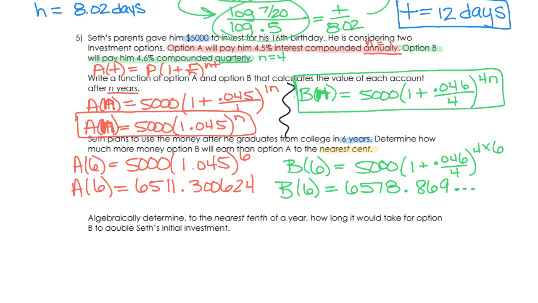And we have to remember that they're looking for how much more, okay? How much more will option B earn than option A to the nearest cent? So what that means is that we need some subtraction. So we're going to go ahead and take our higher number, which is option B, which they told us would be earning more money than option A. So that's a good check.